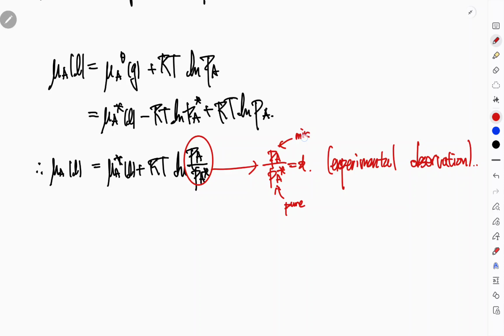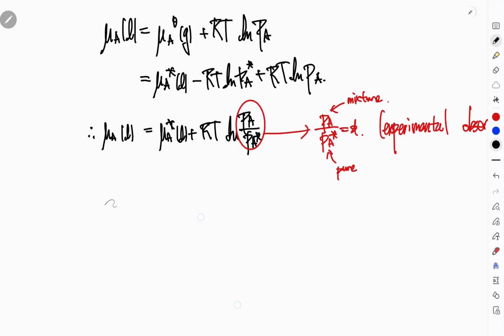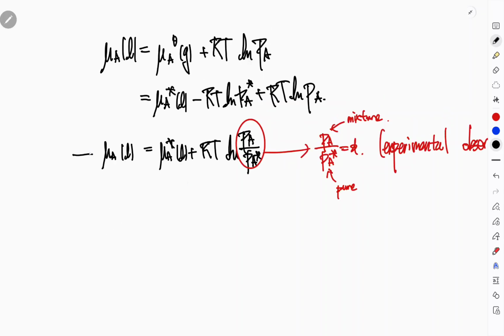So finally, this liquid potential of A can be represented. Interestingly, we derived this equation from the gas phase, but in the last equation there is no gas.